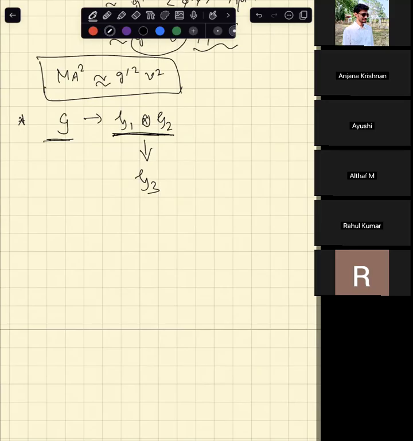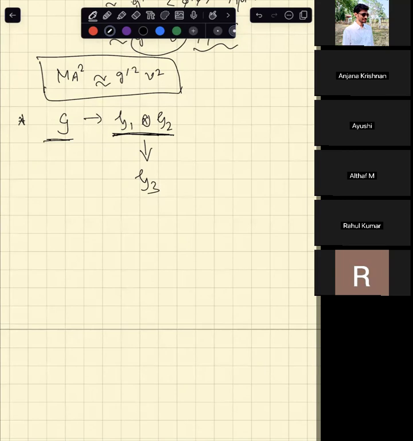For example, if I have a scalar field which is charged, and that charged scalar field gets a vacuum value, then the charge symmetry, or the electromagnetic symmetry, will be spontaneously broken. And that will generate the mass term for the photon. But we know that photons are massless. So we should not use a charged scalar to break that symmetry.